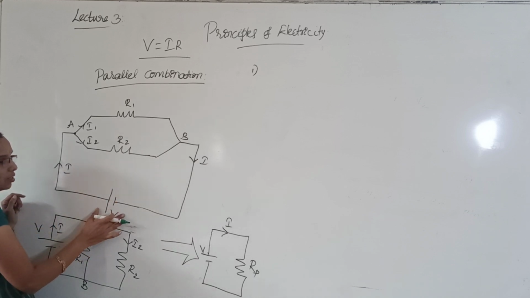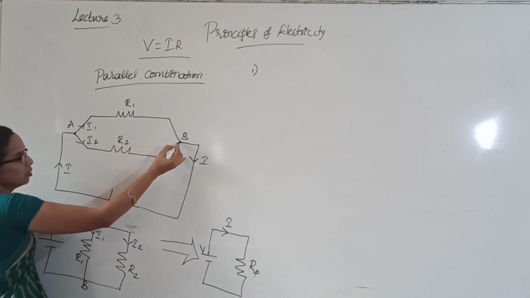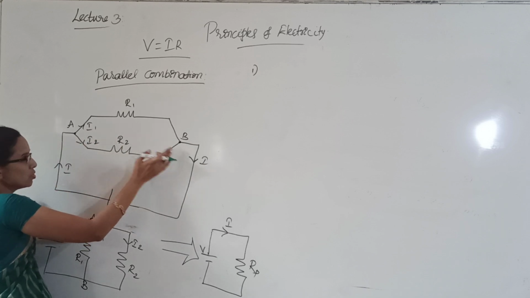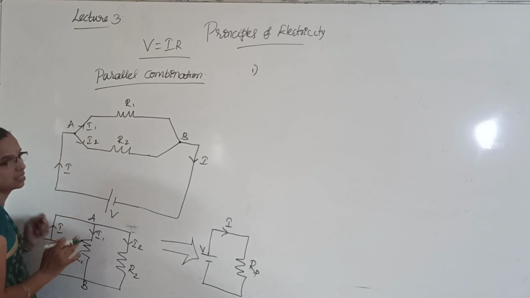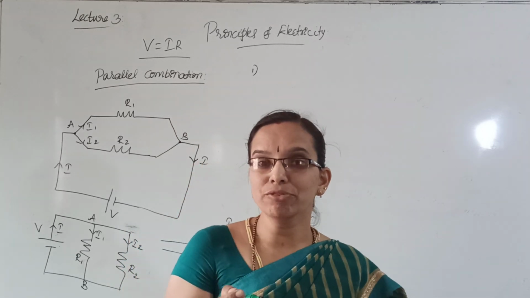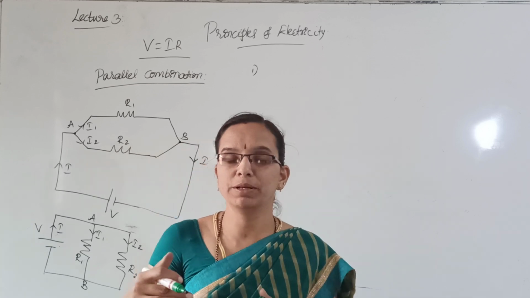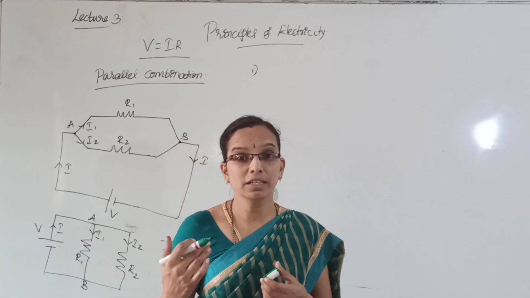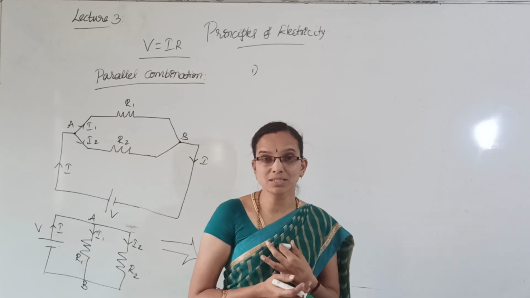But the voltage remains the same between these two, because voltage is nothing but potential difference. Potential between these two points will be the same. Whereas in series combination, potential difference divides depending on the value of resistance, whereas current remains the same. Here current will divide in parallel combination, but the potential difference remains the same.